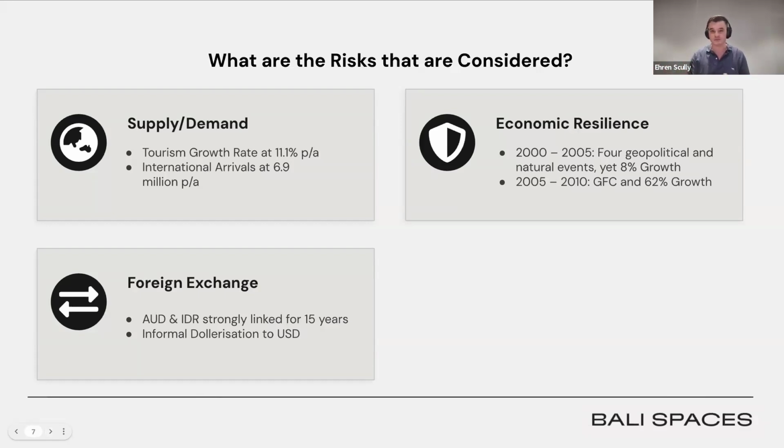As I said, I hadn't really been to Bali. And so I thought Bali was quite a small economy, not realizing that Indonesia itself is one of the world's largest economies. And when you look at that currency relationship, the Australian dollar has more stability with the rupiah than it does with the USD, at least over the past 15 years. It's a very stable economy.